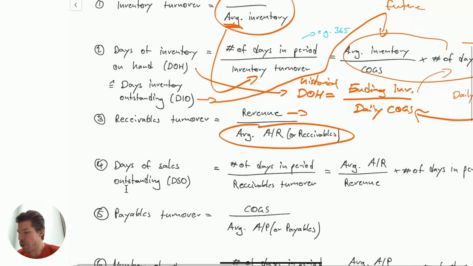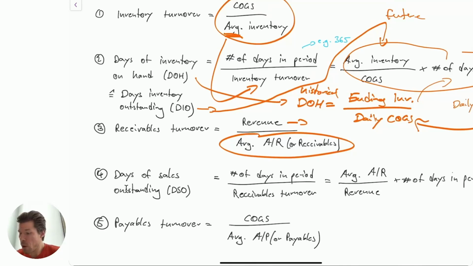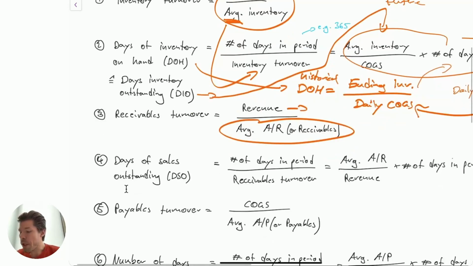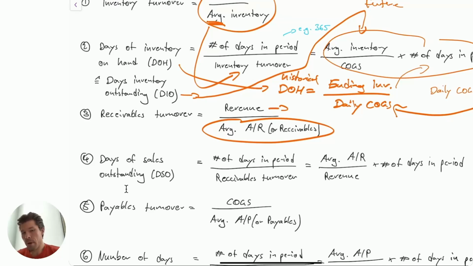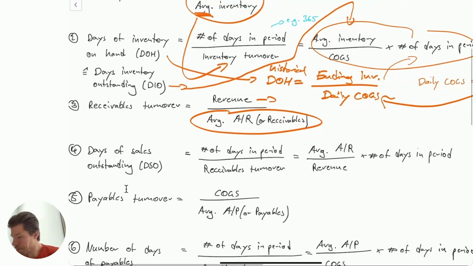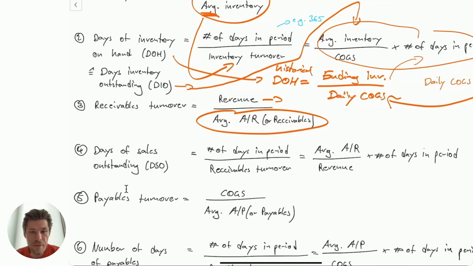Same for inventory turnover, it gives you a magnitude, whereas days, DOH or DSO, will give you a day figure and give you a timing figure rather than a magnitude figure. So both reflect how fast the company collects cash from customers to whom it offers credit. Receivables turnover and DSO.